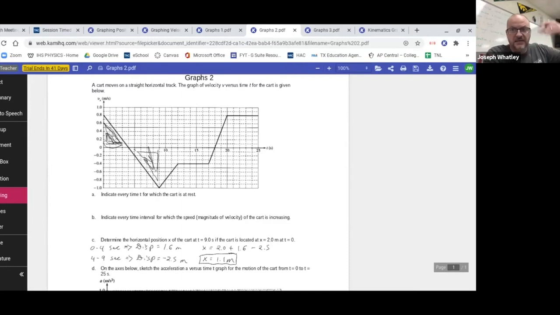It's positive because it's above the horizontal axis, and the area is 1.6 meters. From 4 to 9, my displacement was negative 2.5, the area of that triangle, and it's below the axis, so it's negative. So I started with a 2 meter head start, went forward 1.6, then went backwards 2.5. I added all that up, and my current position is 1.1.